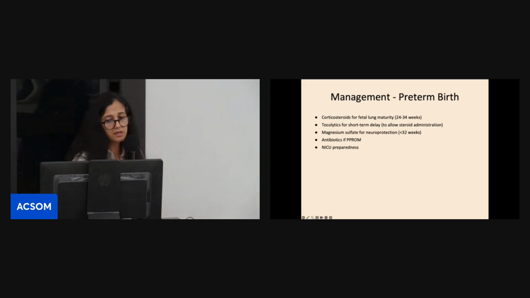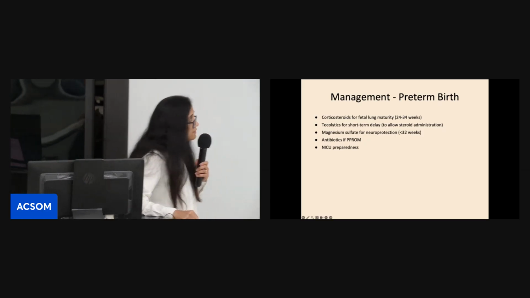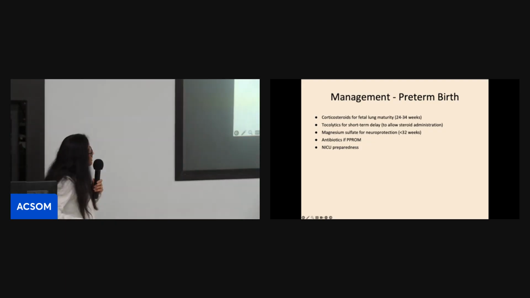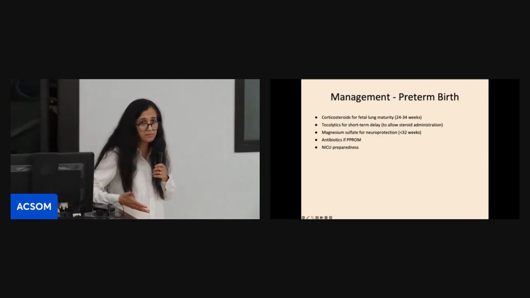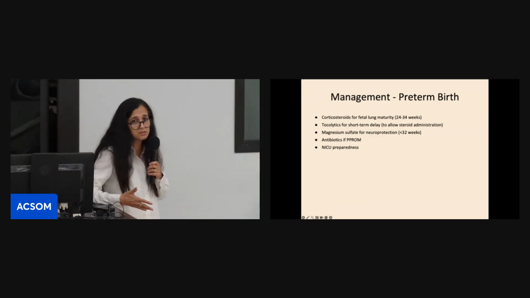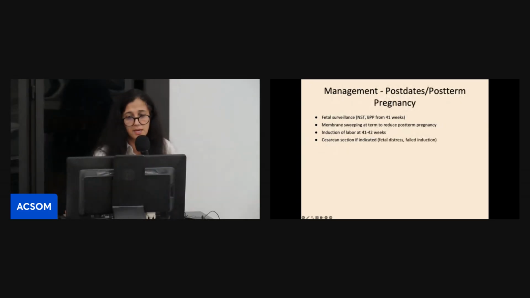You give antibiotics, and then you work with your NICU, or neonatal intensive care unit, team to talk about how to prepare for a child that may be coming out preterm, and how that baby is going to transition into extrauterine life.